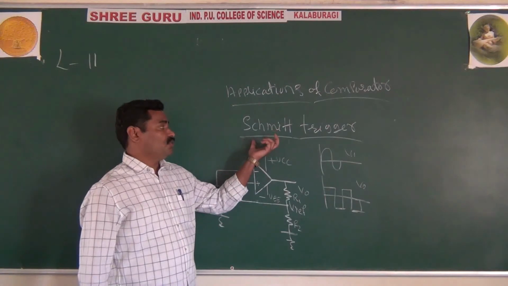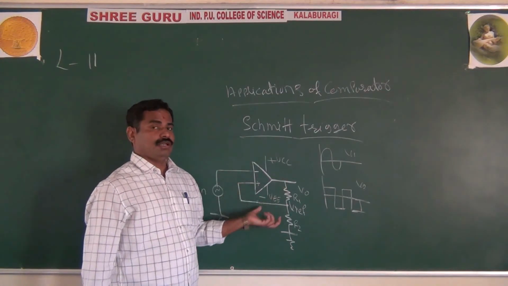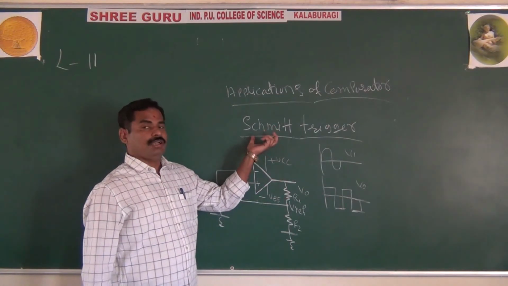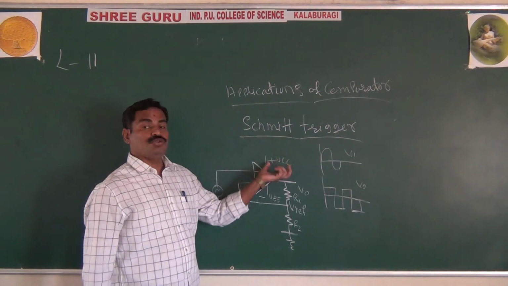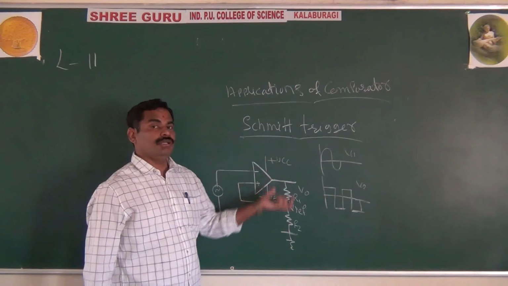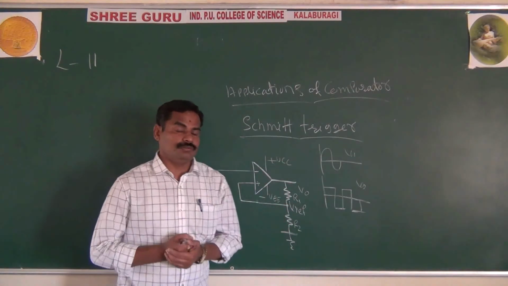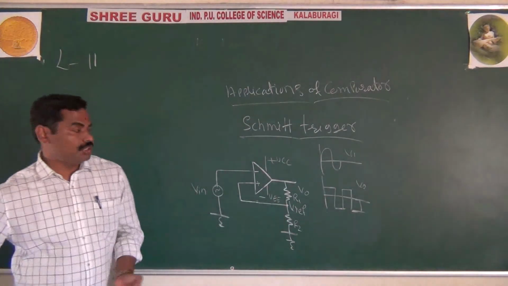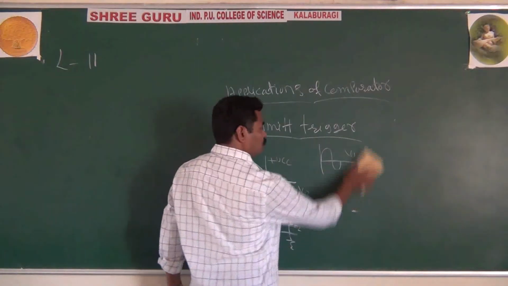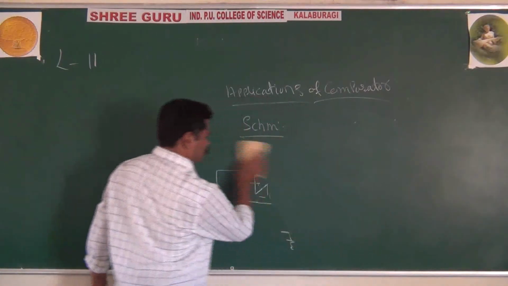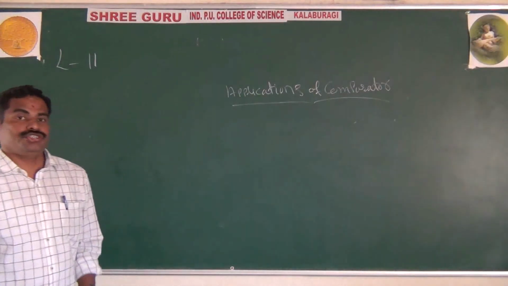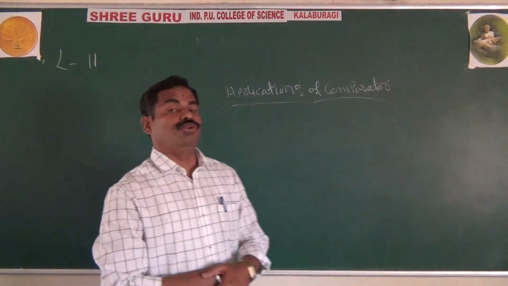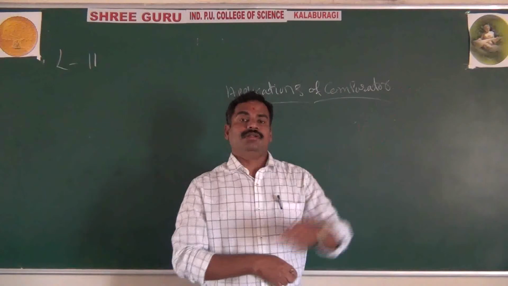As compared to the zero crossing detector and Schmitt trigger, we prefer the Schmitt trigger. Why do we prefer the Schmitt trigger? Because it will reduce the noise. In your zero crossing detector, if the input voltage is more than 0, we may get the output.